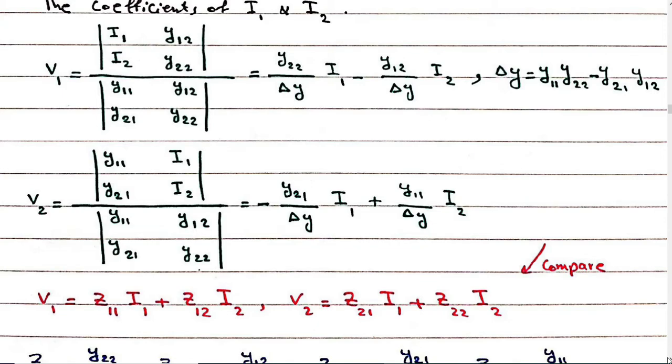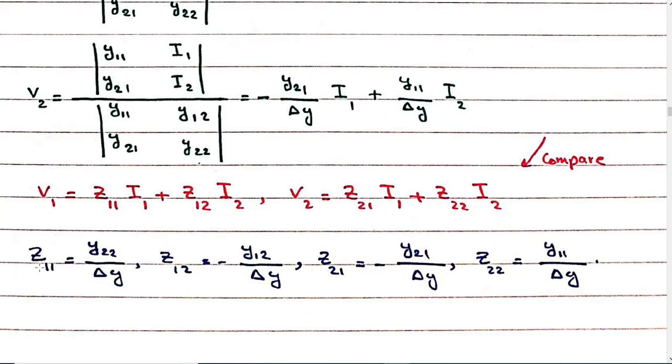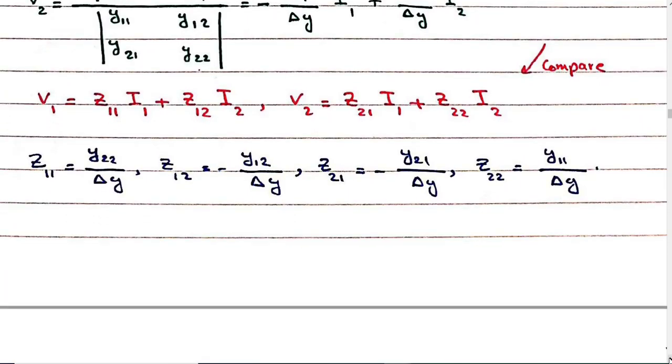So with this procedure, we have Z parameters as functions of Y parameters, like this. Questions?